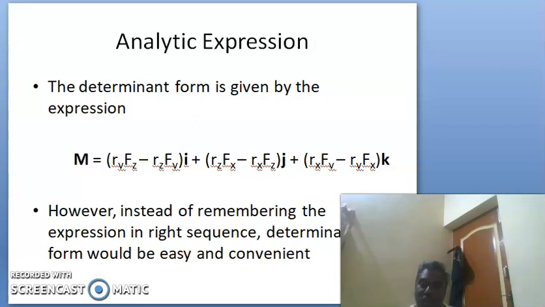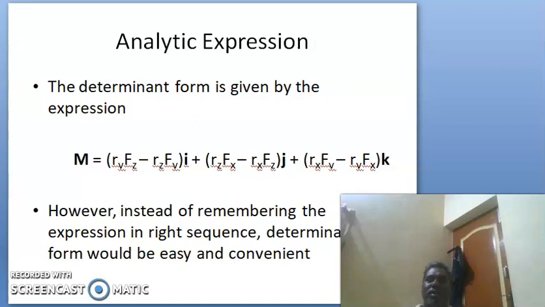So here the determinant form would be easy and convenient for remembering and using rather than remembering this full expression in the right sequence. When you try to remember this, you might forget whether it is ry Fz or Fy rz, or whether it is z and x or x and y. So in this portion there may be confusion.